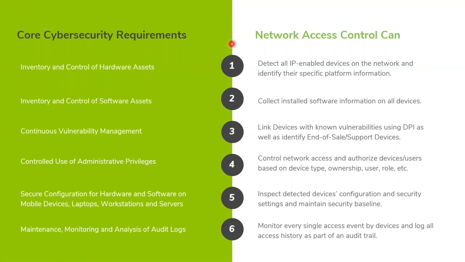So whether you're talking about inventory control of hardware or software, there's going to be a NAC feature that correlates to that. So NAC can detect IP-enabled devices on the network, identify what kind of device type those are, and can also identify what kind of software is installed on the device, typically through an agent.